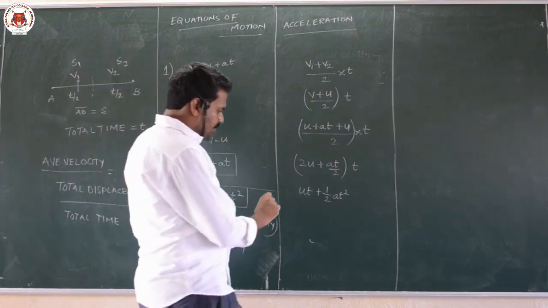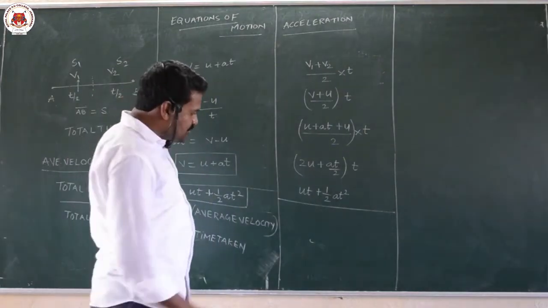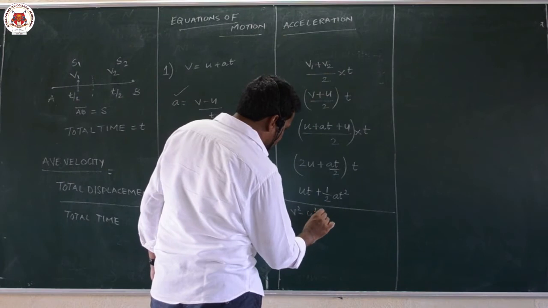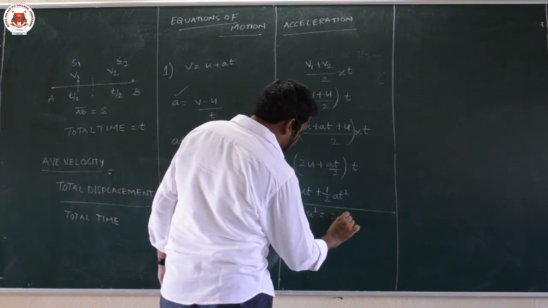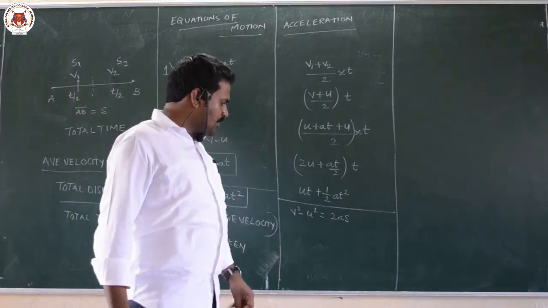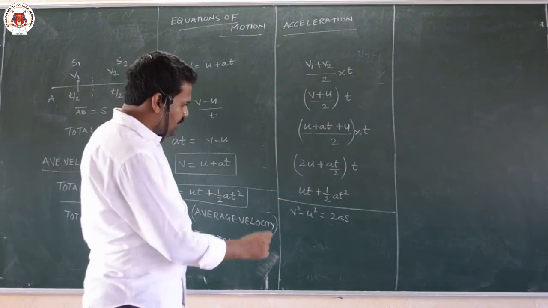Next, the third equation of motion we will get is v square minus u square is equal to 2as. How can we solve this? This is very simple.